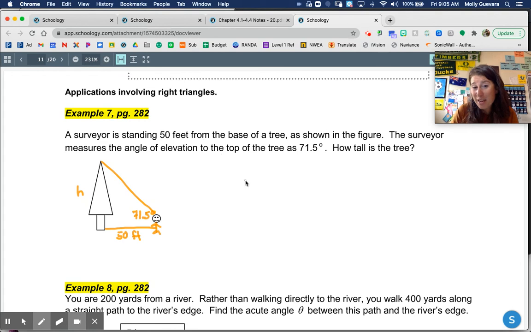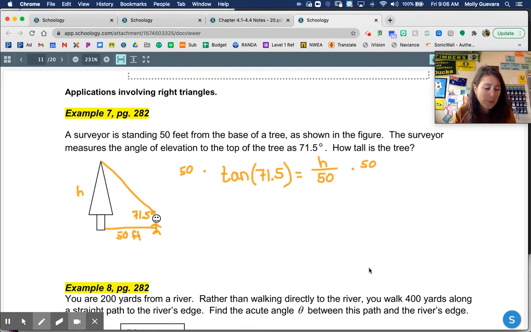Hopefully we said tangent, right? So the tangent of my angle, well, my angle is 71.5, is equal to opposite, well, my opposite is h, over adjacent, which is 50. And I'm just trying to solve for h. So since I'm dividing by 50, I can multiply both sides by 50.